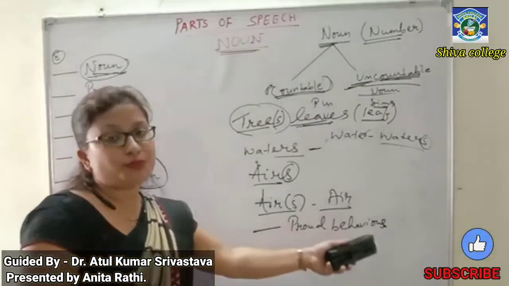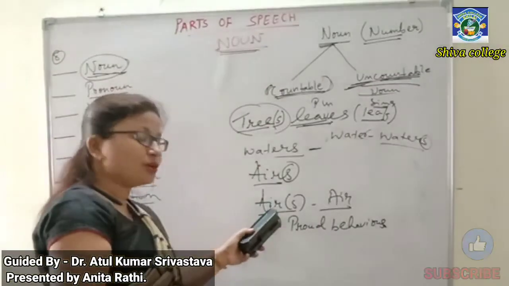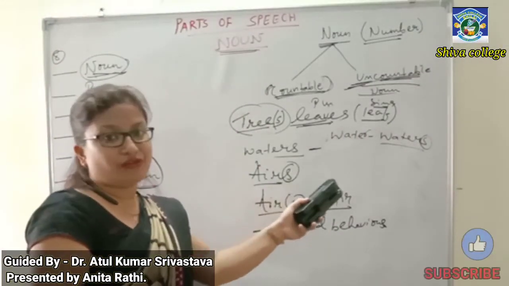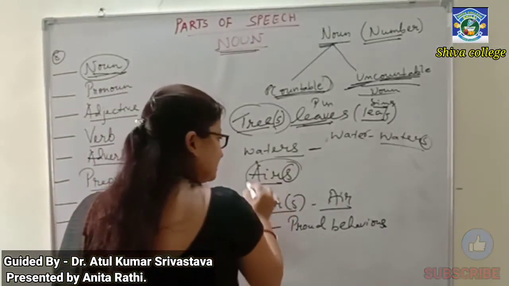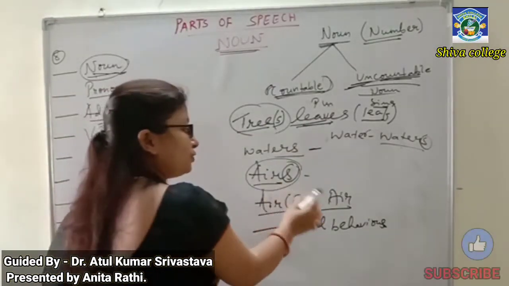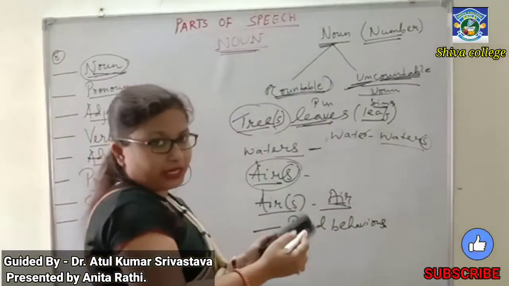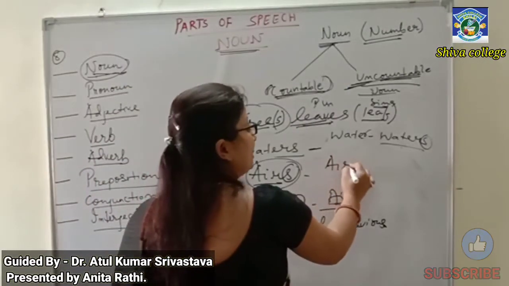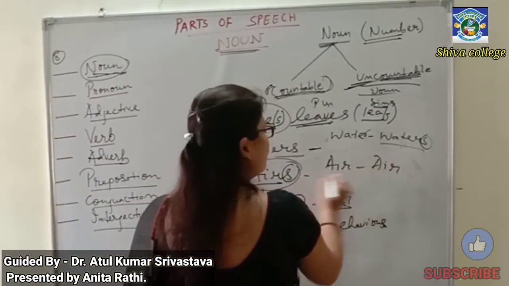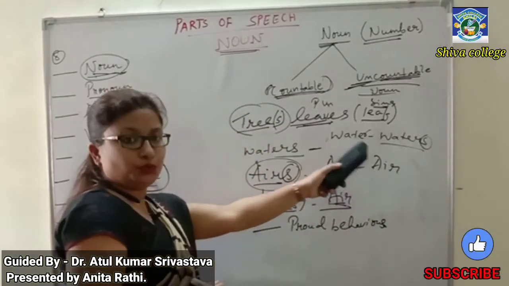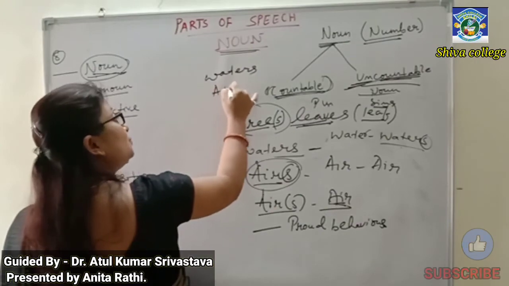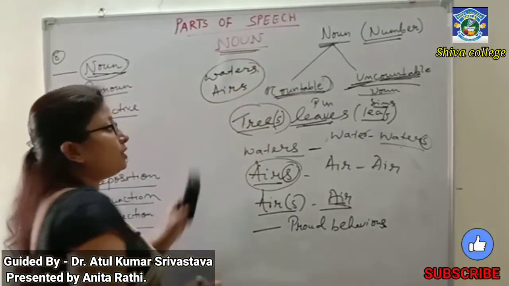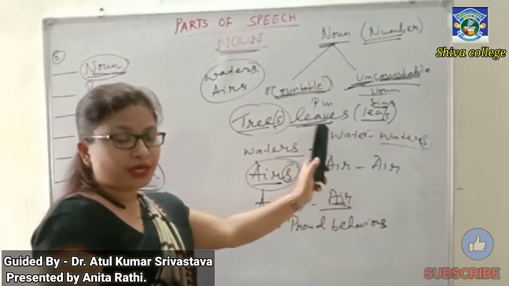We are not talking about the plural form of air, the air which we breathe in. The plural form of air is air itself, but not airs. So here we have learned two new things today, waters and airs. These two have their own meanings, not the actual meaning we are talking about.